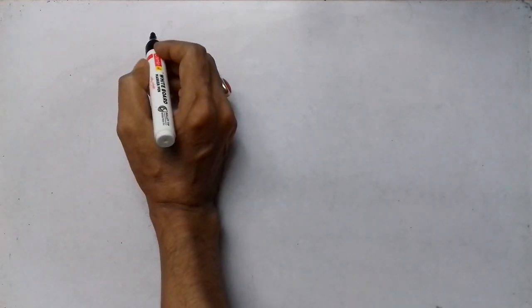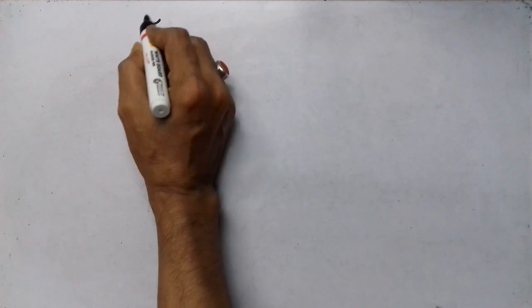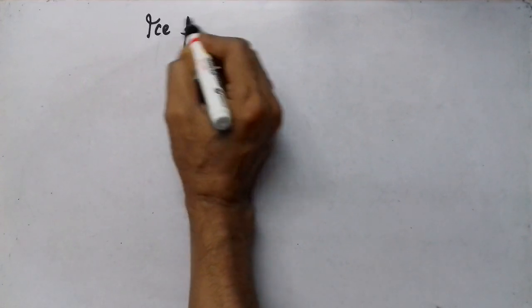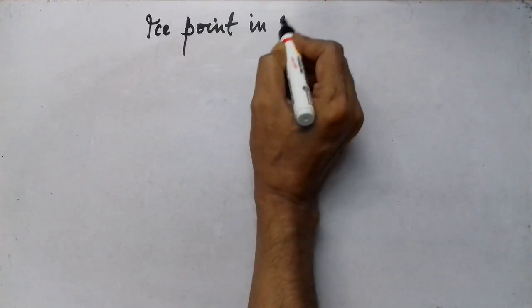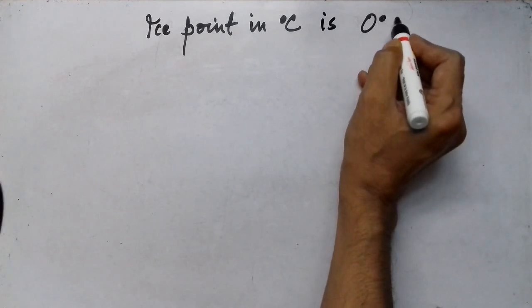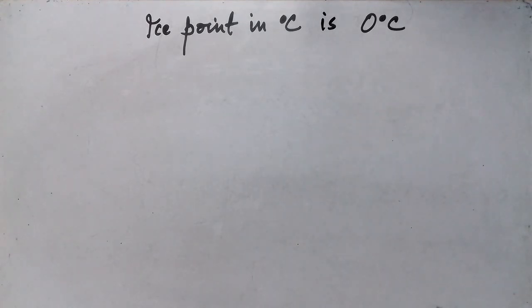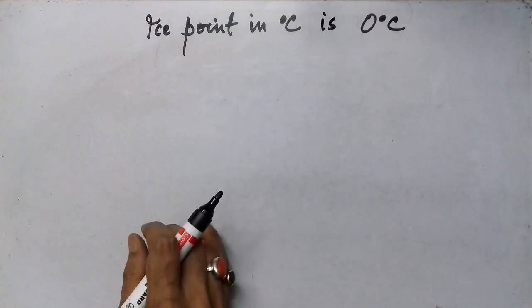We know the ice point in degree Celsius scale is 0 degree Celsius. So what should be the equivalent Kelvin temperature?